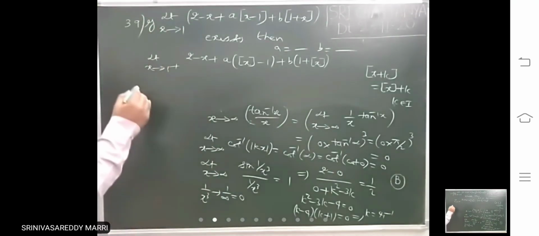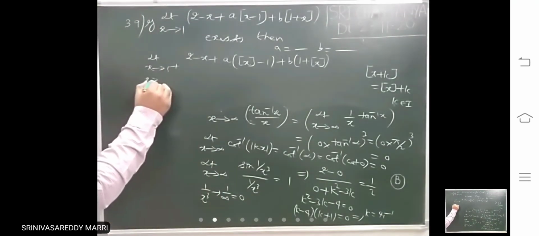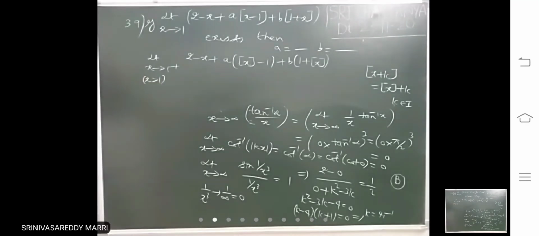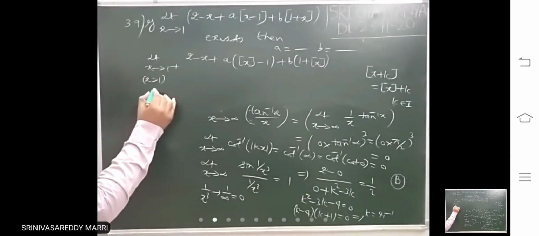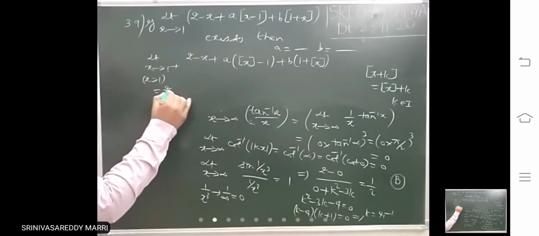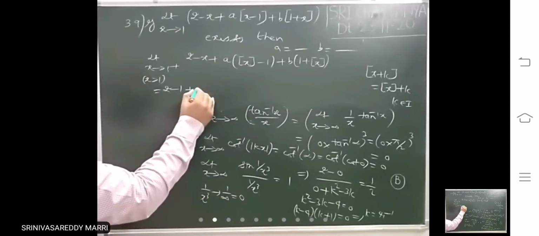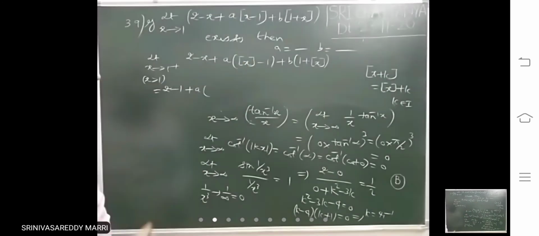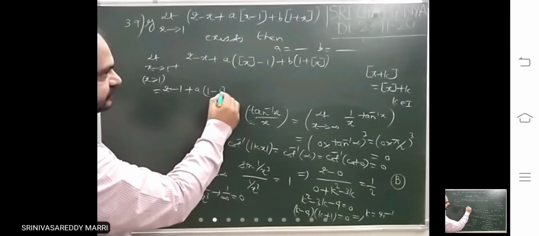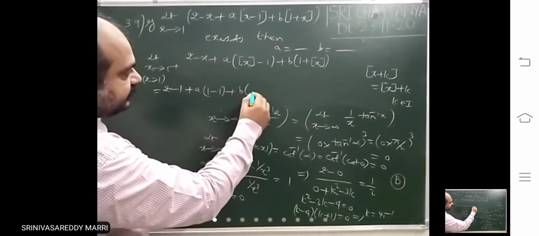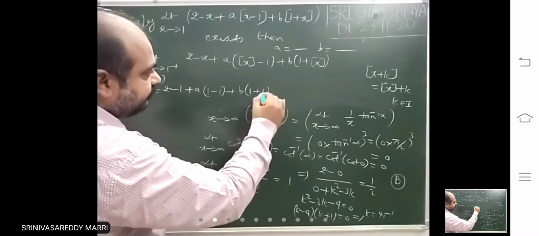Now apply the limit. So x is greater than 1, x 1 plus means what? X is just greater than 1. So if you substitute, you will get 2 minus 1 plus a into, x is just greater than 1 means 1.001, this will become 1, minus 1 plus b into 1 plus 1.